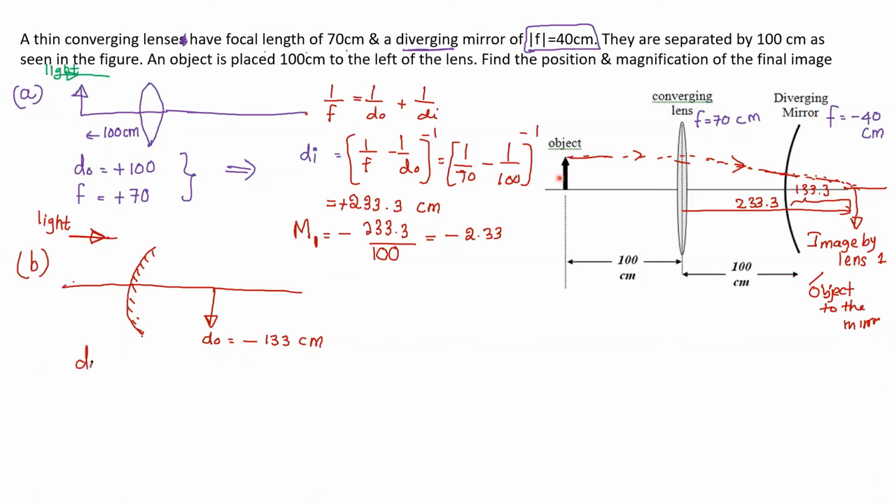Okay, so D naught is negative 133, and your focal length is also negative 40 centimeters. I want you to use the mirror equation, the same equation that we use for the lens, and tell me the value of di for the mirror.